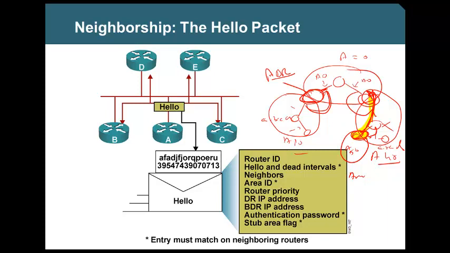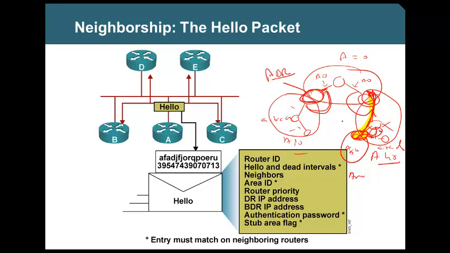They will form neighbors. But on behalf of area 50, there won't be any neighborship with area 40. Via the virtual link, area 50 will form neighbor only with area 0. Right. Fine. When we go to virtual link, we'll talk about that. Those things are coming later.